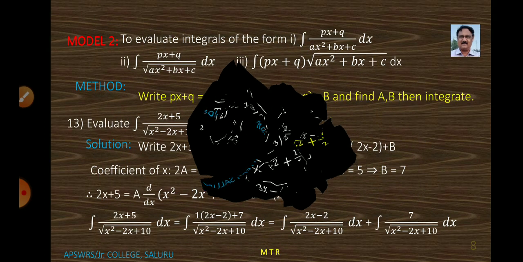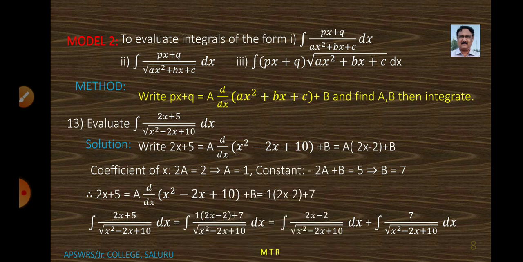Now we discuss model 2, to evaluate integrals of the form, you observe these are another 3 forms: integral px plus q by ax square plus bx plus c dx, integral px plus q by square root of ax square plus bx plus c dx, and integral px plus q into square root of ax square plus bx plus c into dx. Here also there is a quadratic expression.